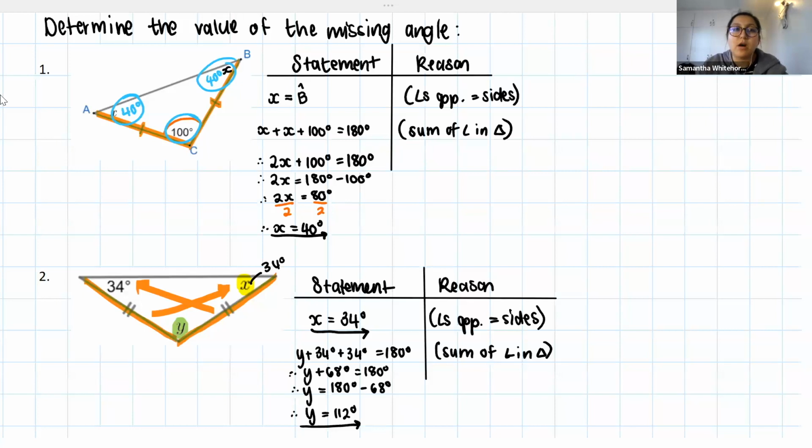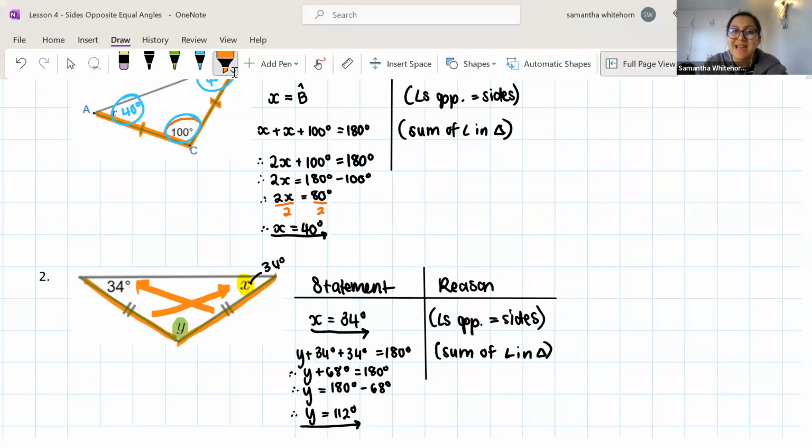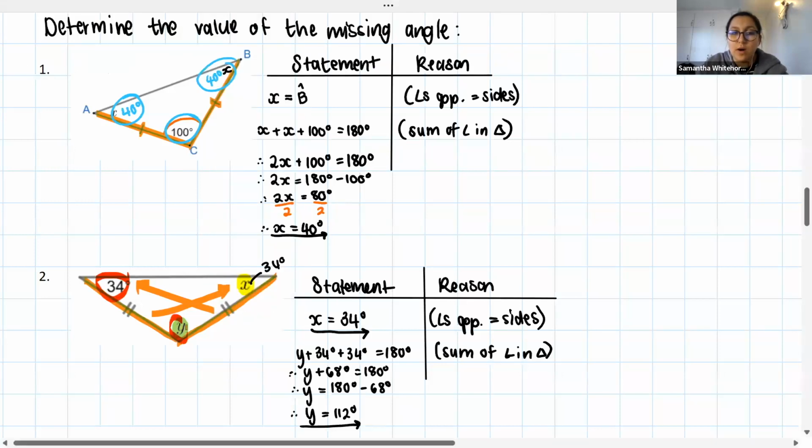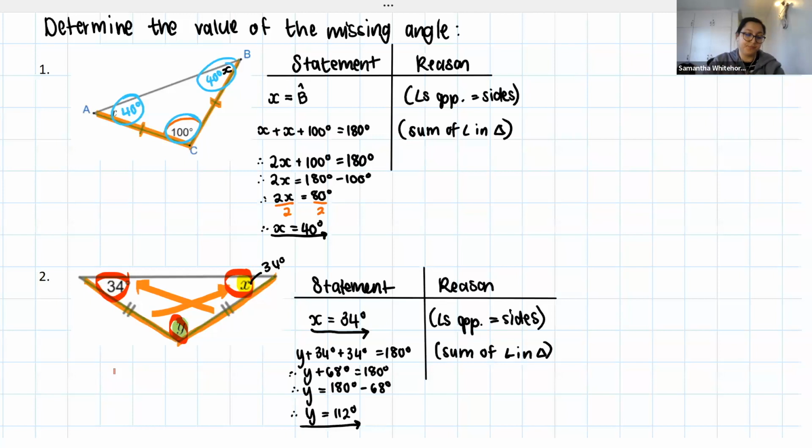So remember, we can't do that because you have to be adding all 3 angles in your triangle. So we have to add 34, y, and x if we want to make it equal to 180. You can't make 2 angles equal to 180. It has to be all 3 equal to 180. Lindo, does that make sense?